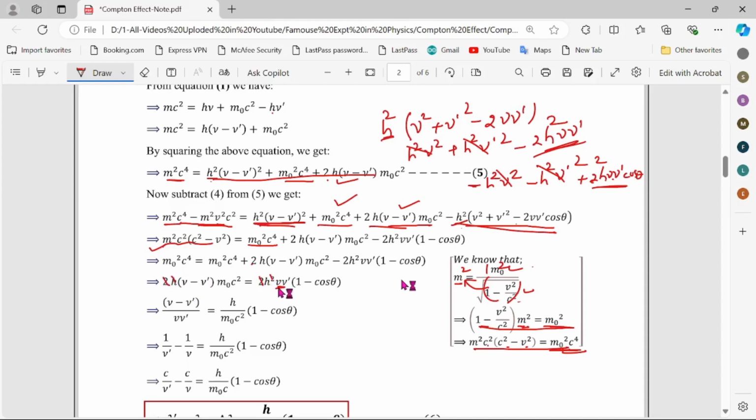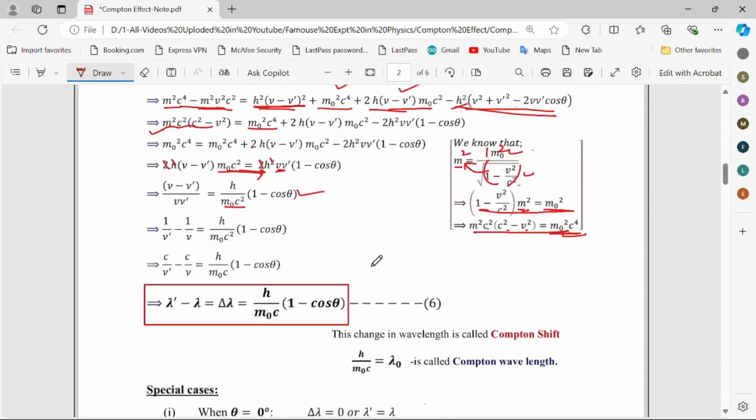So mu dash divided into the left hand side, we found mu minus mu dash by mu dash, and this m naught c square I take to the right hand side. So in the right hand side we have only h. If I divide by mu dash, it got cancelled, so h by m naught c square, m naught c square I took from this side to this side, into 1 minus cos theta, right?